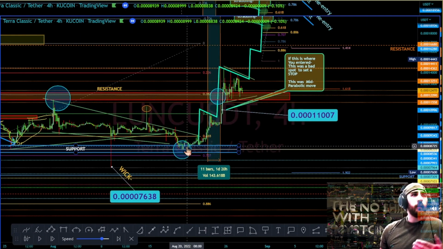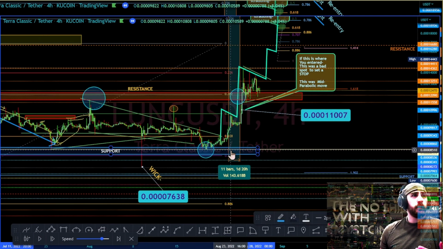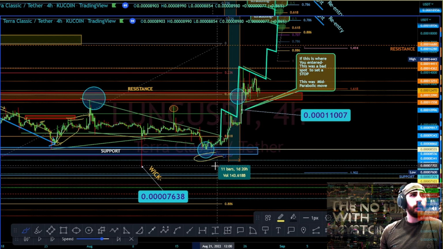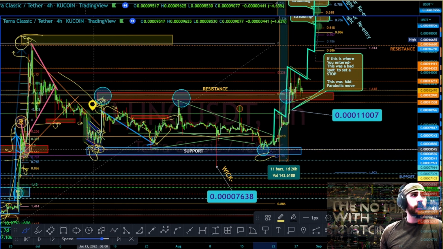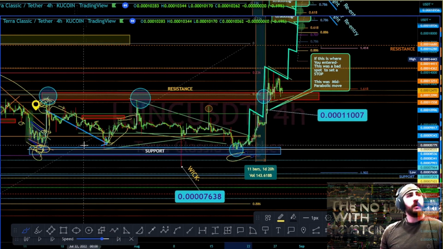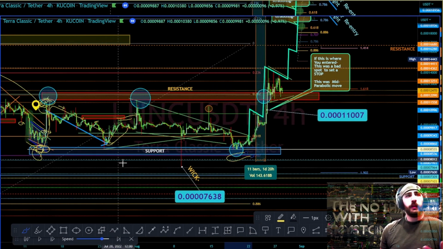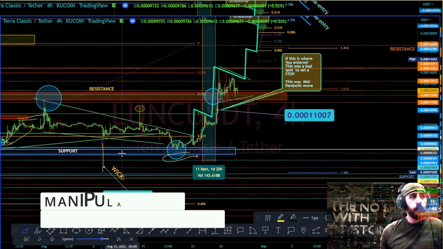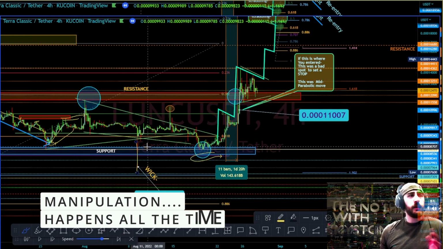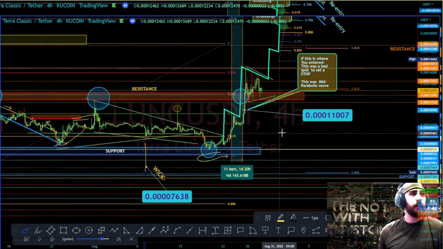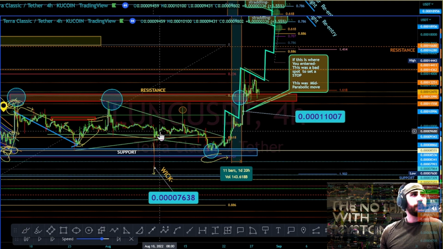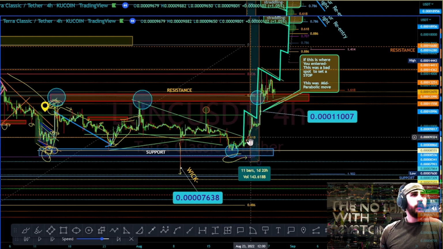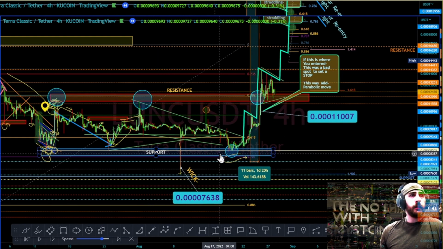Even though it kind of went down a little bit, which is fine, it didn't go fully under this barrier, if you will. So the barrier, for all intents and purposes, held. Now this wick, another story. That's just a manipulation thing. I'm not worried about that for right now. But the key thing is it held this support level.